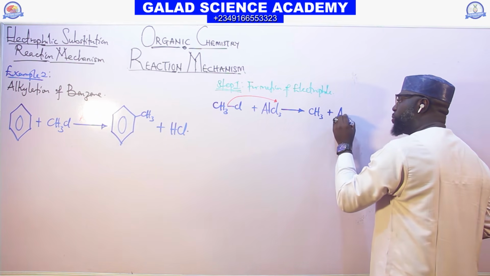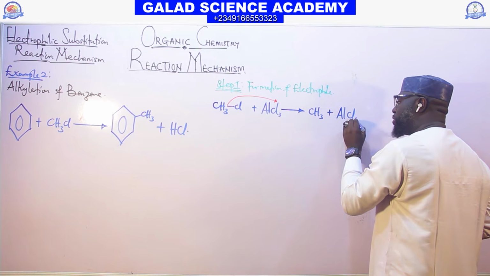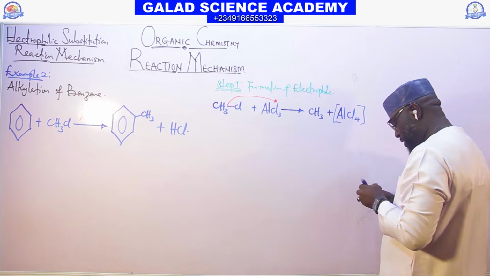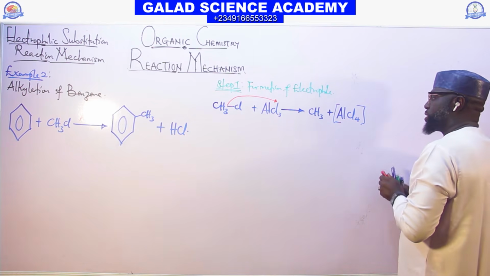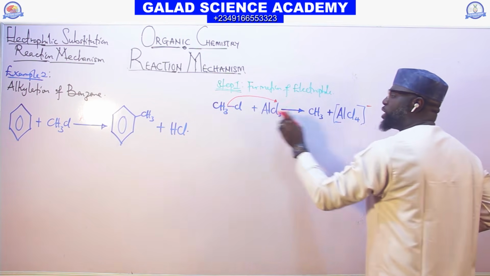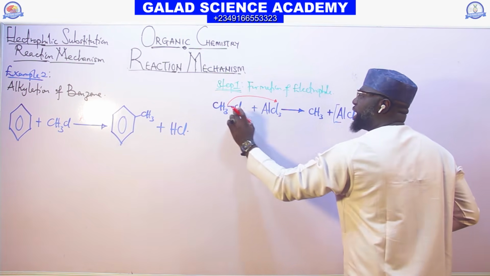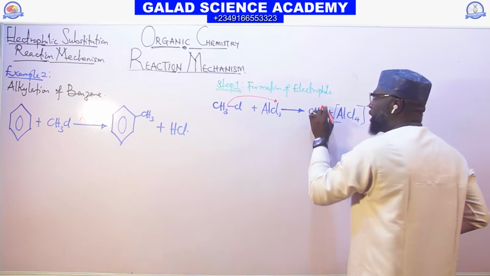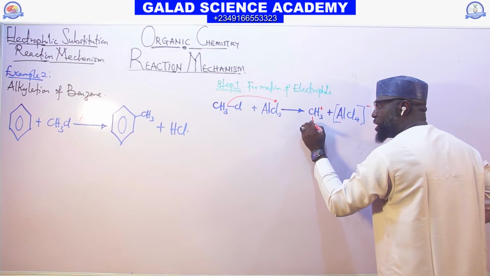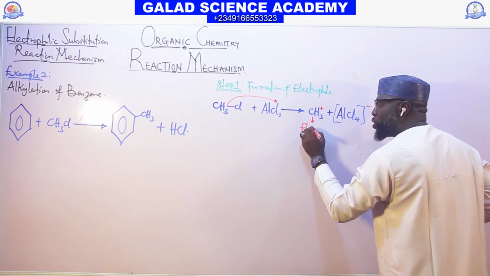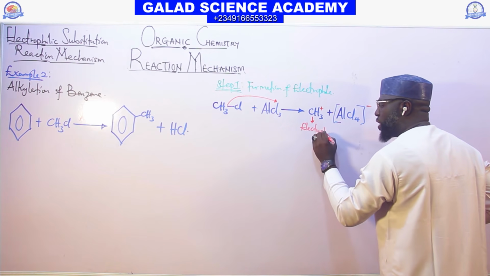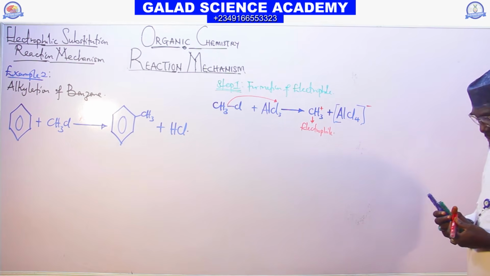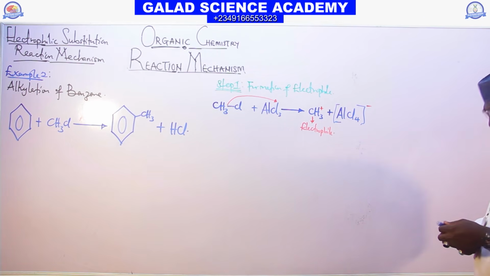We now have AlCl4 in brackets with a minus, because of the extra chlorine. The methyl, having used its bond, becomes plus. This plus that we have here is our electrophile, so we are done with step one.